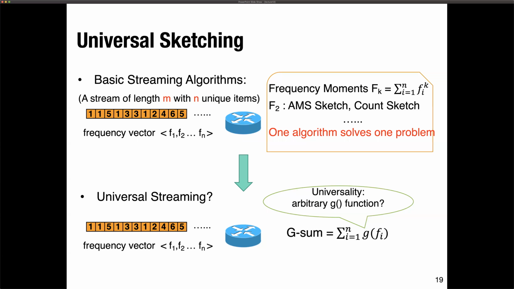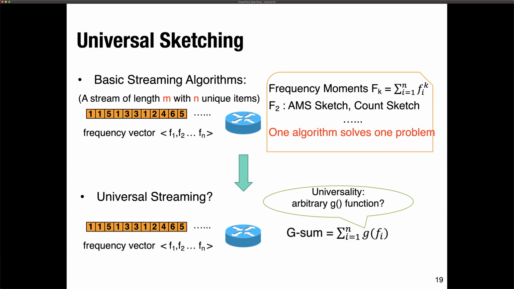So you can compute frequency moments here. So Fk is the sum of fi raised to the power k, where k is the order or the moment. So F2, which is the second order, is like the AMS sketch or count sketch that we've been talking about.